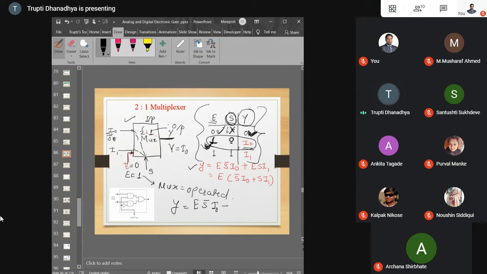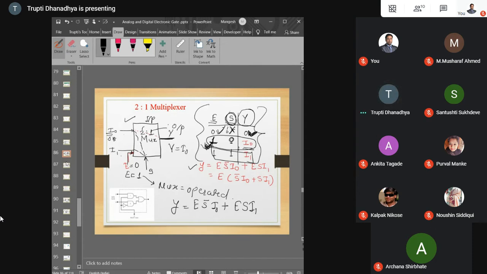Okay, next is Y equal to, again, for the next line the equation is like this: E, then S, because S is equal to 1, then I1. So this is the equation by using your truth table. By using this equation, we can design the combinational circuit diagram.